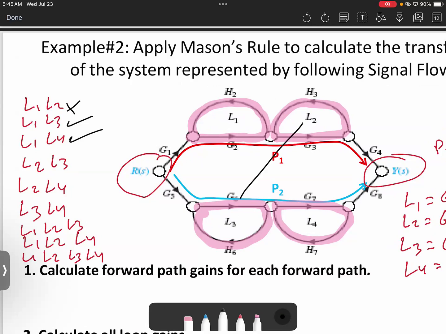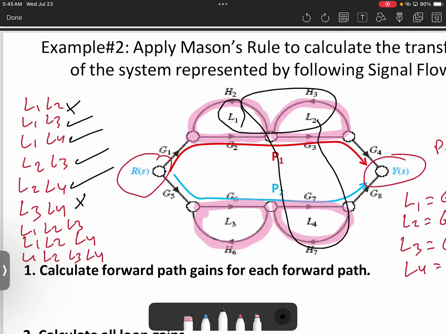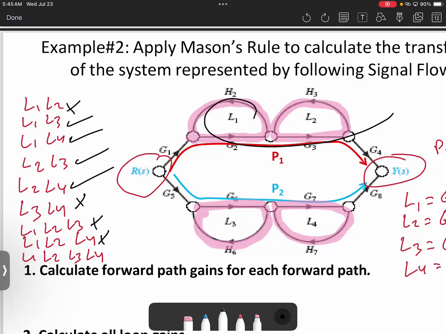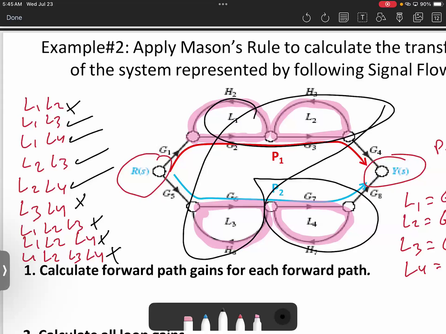L2, L3, non-touching. L2, L4, non-touching, right? L3, L4, touching. L1 with L2 and L4, touching. L1, L2, and L3, touching. L1, L2, L3, L4, touching. So what remains?